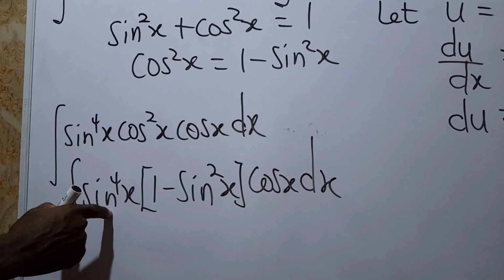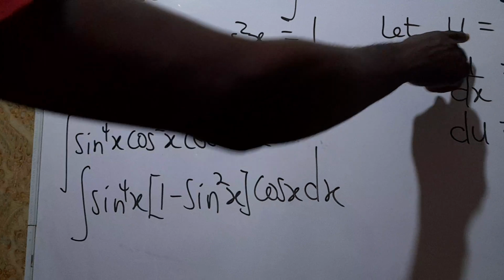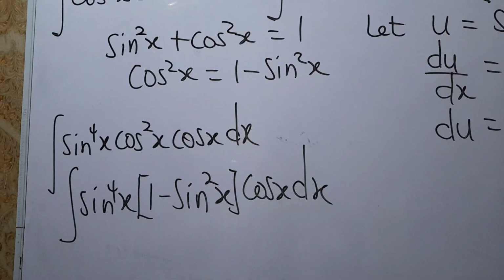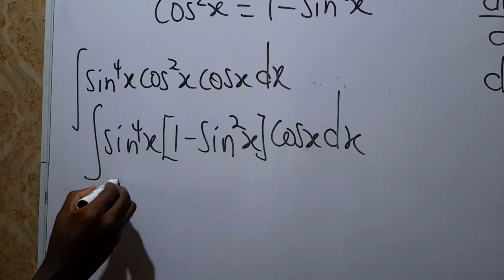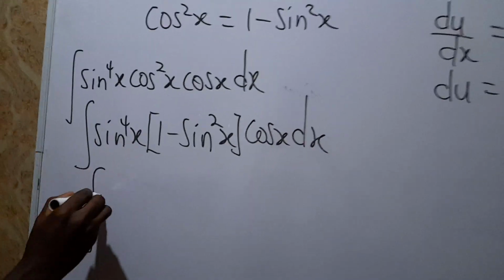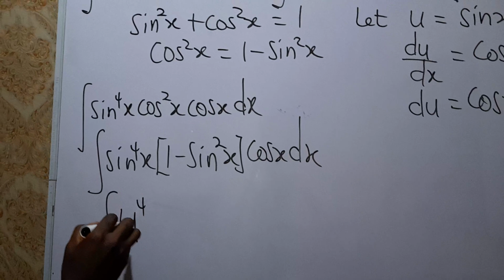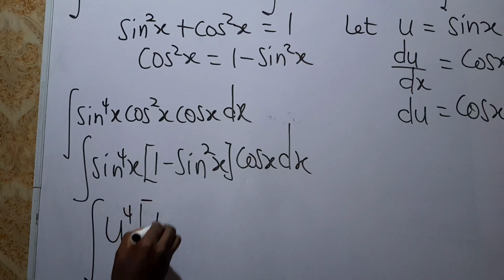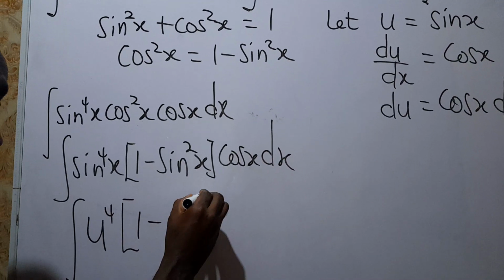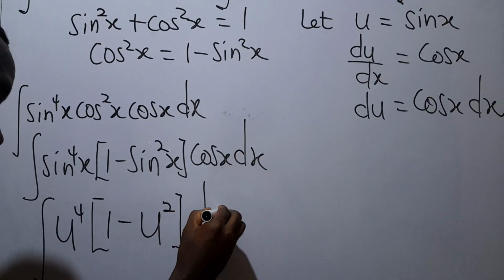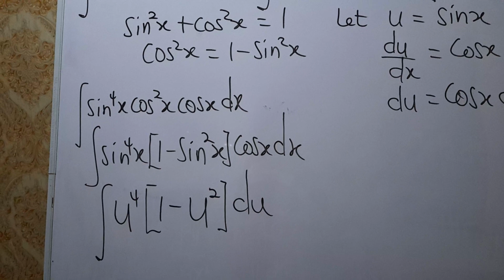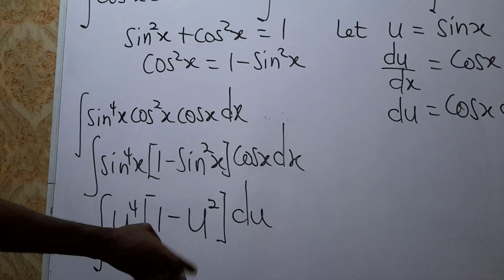Now our sin x is u, and our du is cos x dx. So we can say this will be the integral of u⁴ (1 minus u²), then cos x dx will become du. So we have changed everything in the x system to u. Now we integrate this.